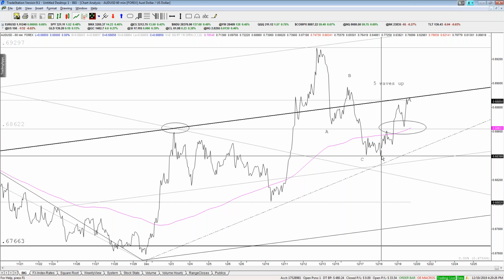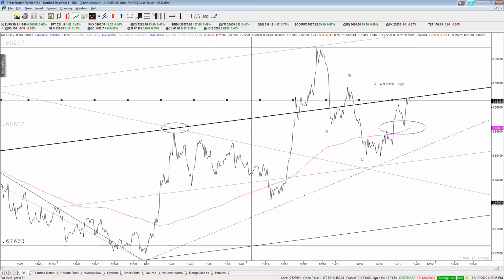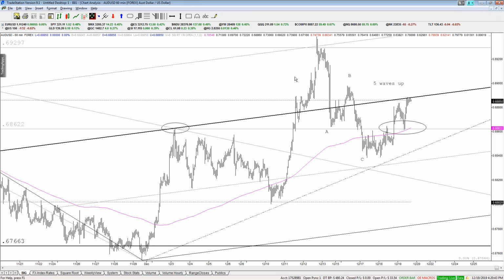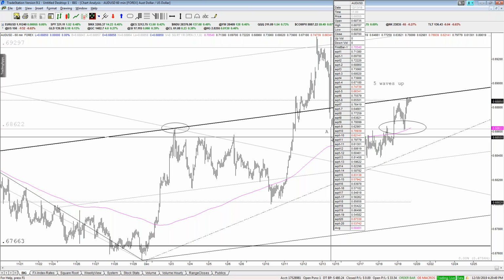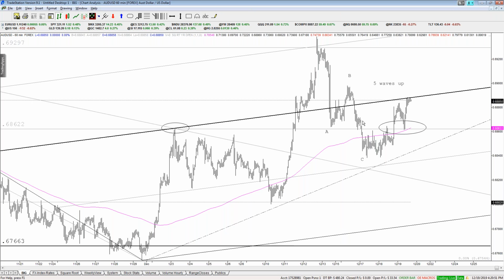So let's do what Elliott himself did: hourly closes. 1, 2, 3, 4, 5, right? Back to the center line, 68.86, a level. Looking for a pullback to, let's call it, the low 68.60s, which is right here. That's the high from December 3rd, low from 12/13, very close, right?